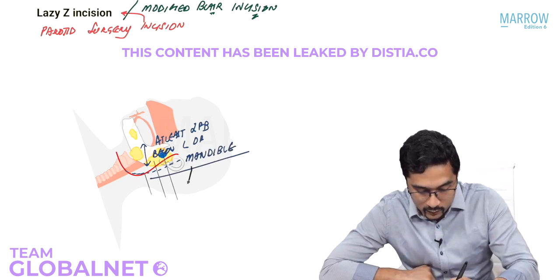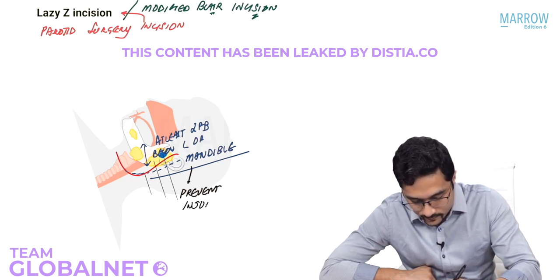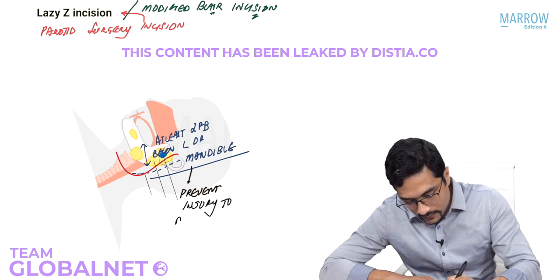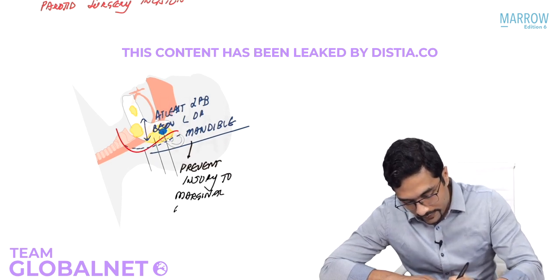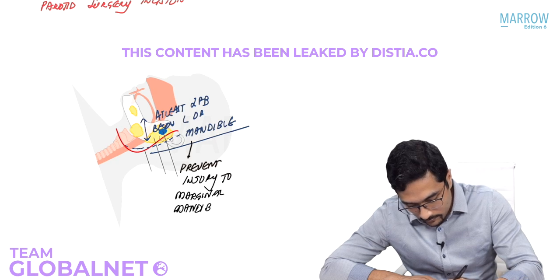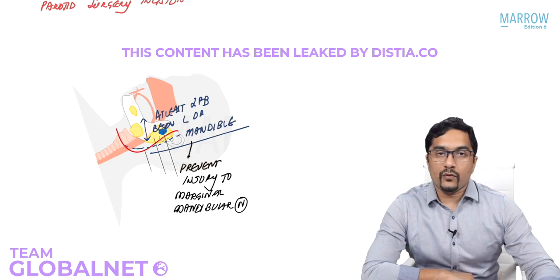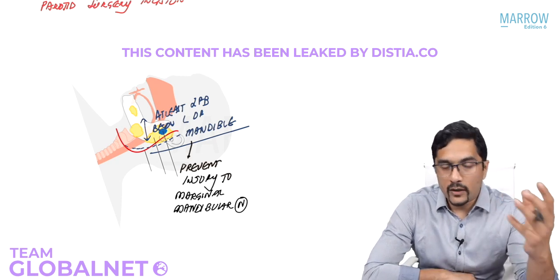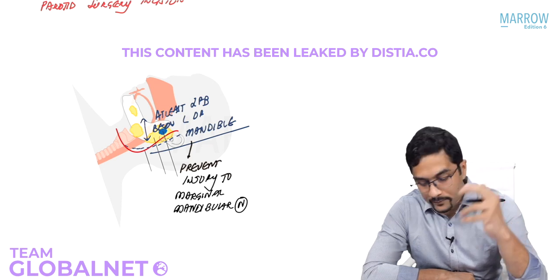Because we want to prevent injury to which nerve? We want to prevent injury to the marginal mandibular nerve. That is why at least 2 finger breadths below. I'll tell you about the various nerve injuries following parotid surgery as well.